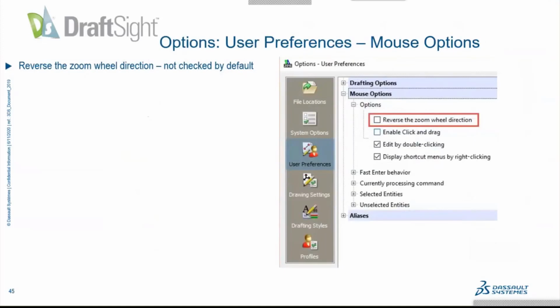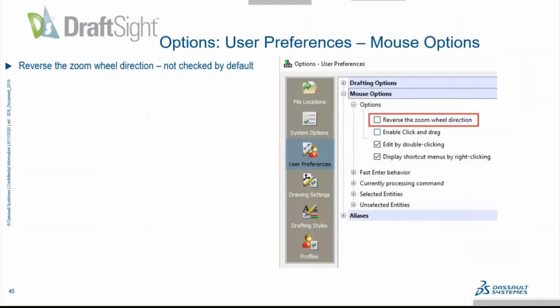Okay. Here's the big one, reverse zoom wheel. I'll say it this way: if you are an AutoCAD user, do not check this on. It'll be the same as it is in AutoCAD if you do not check this. If you are mainly a SolidWorks user, and you don't have this checked on in your SolidWorks settings, to make it like AutoCAD, if you check this on in your DraftSight, it'll make it like your standard one is for SolidWorks.